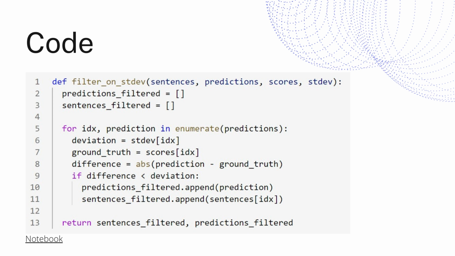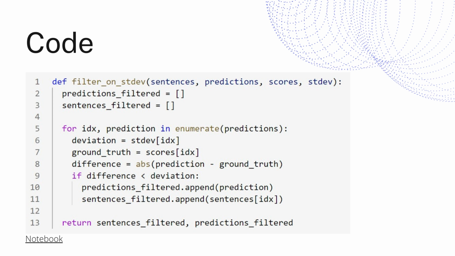Now we define two lists: predictions_filtered and sentences_filtered, which we will eventually return. Then we iterate through the predictions. We get the deviation and the ground truth. Now we take the absolute difference between the predictions and the ground truth to get our difference.